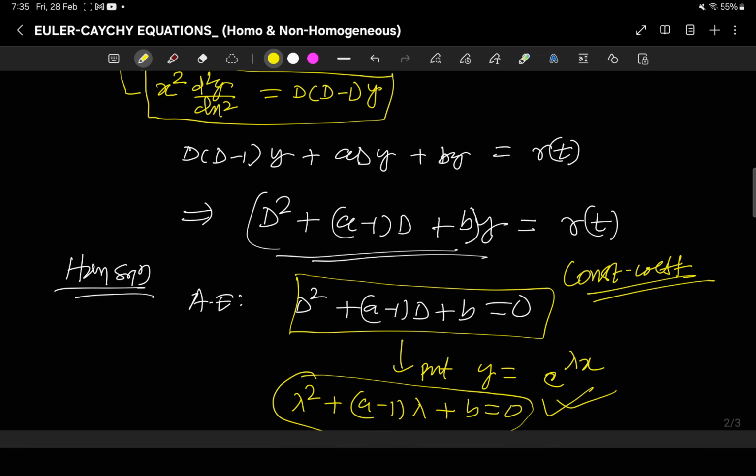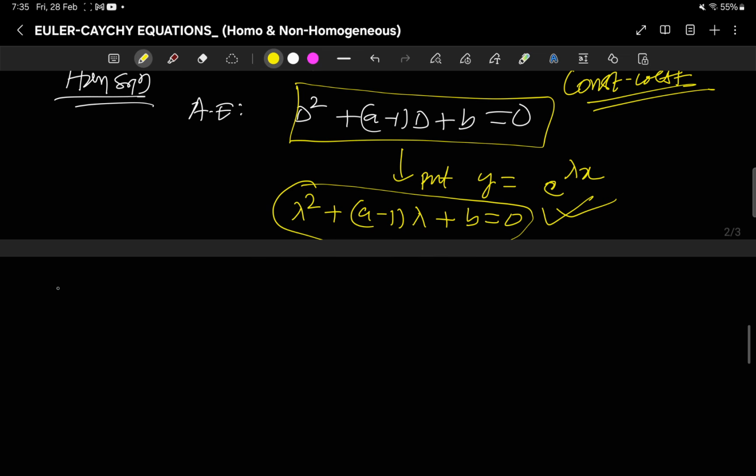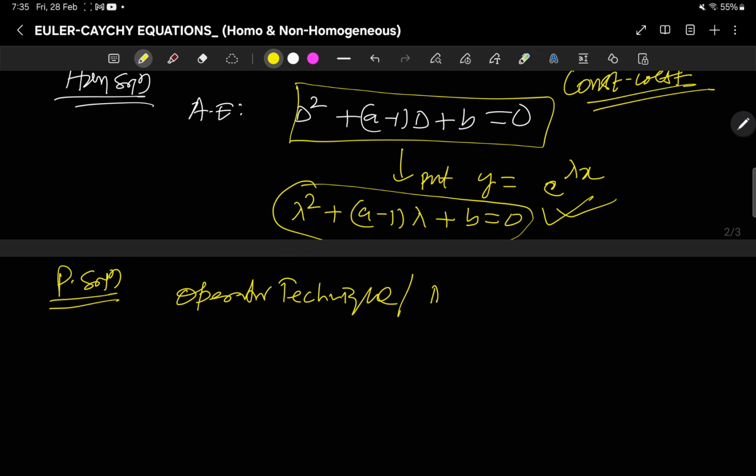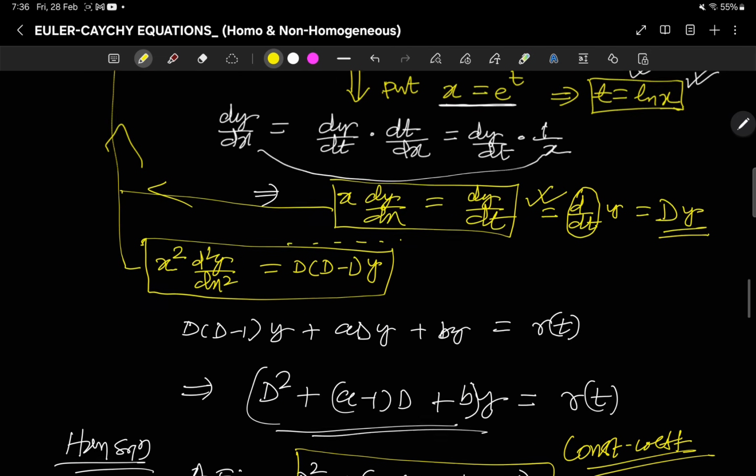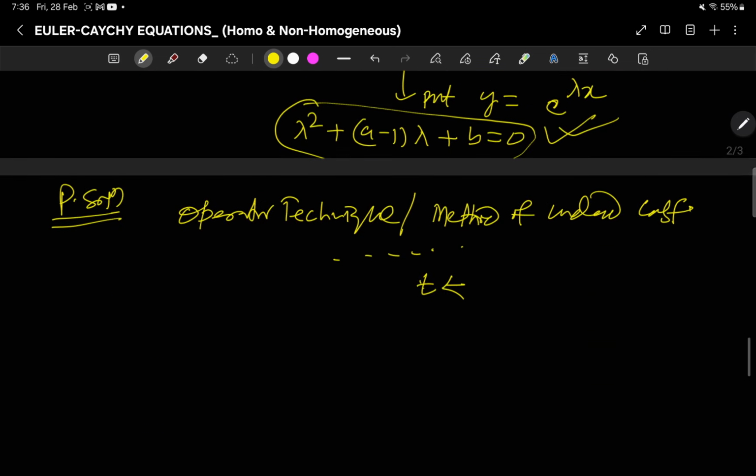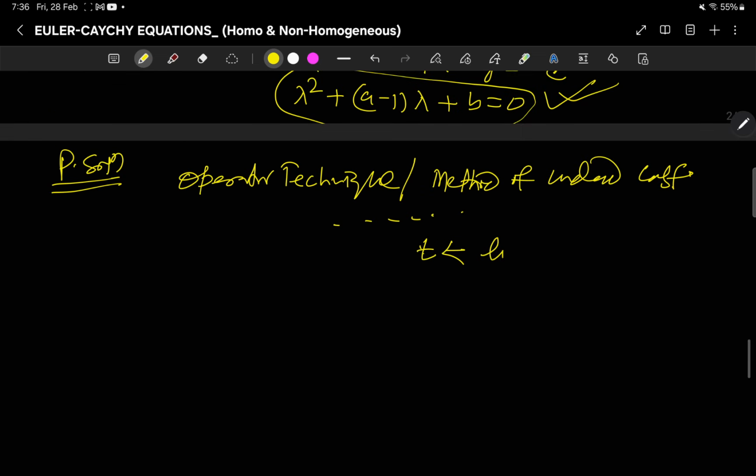So for the particular solution, the operator technique will help. We use the operator technique or the method of undetermined coefficients, and finally t needs to be replaced by ln x.